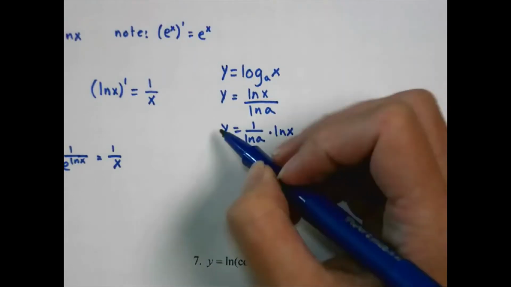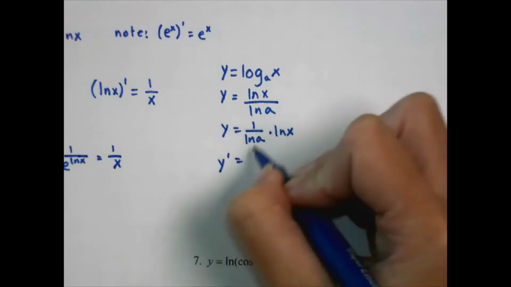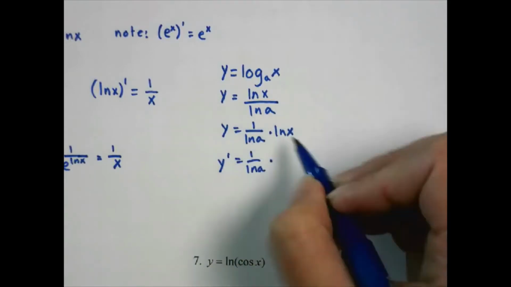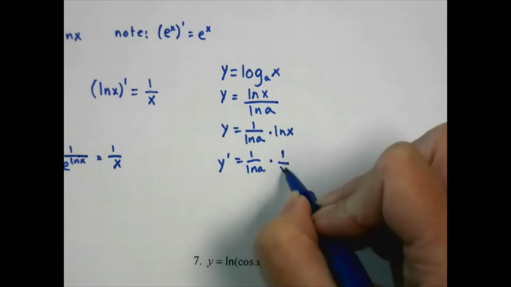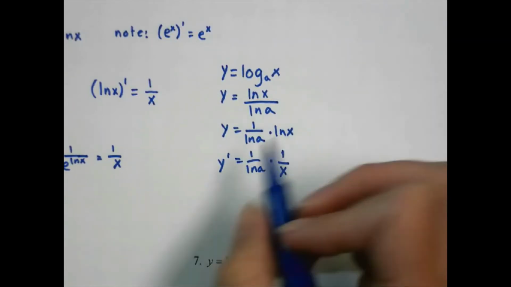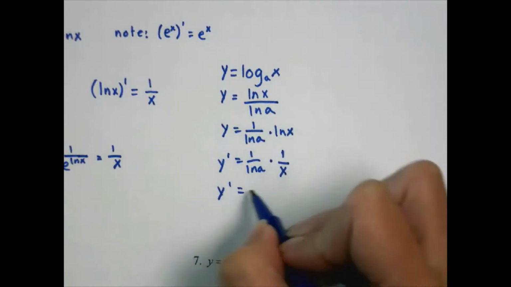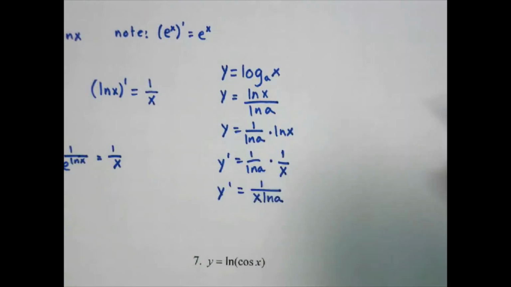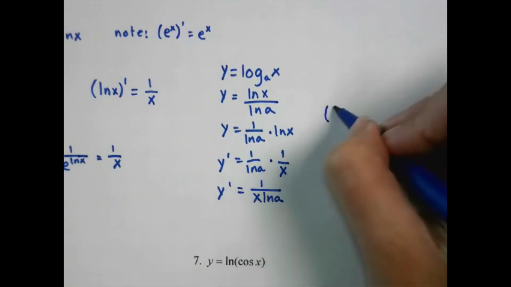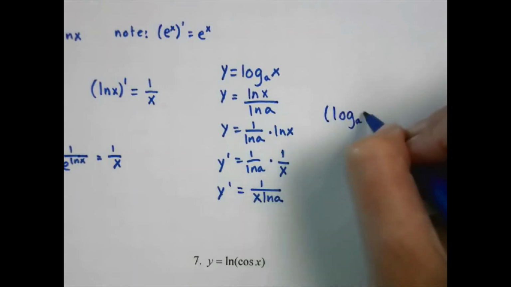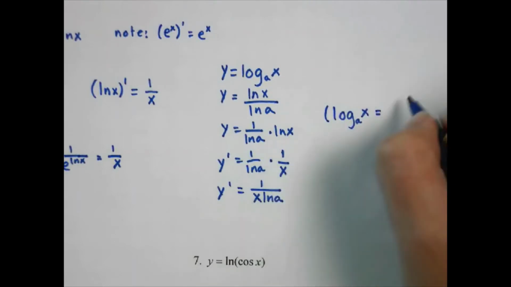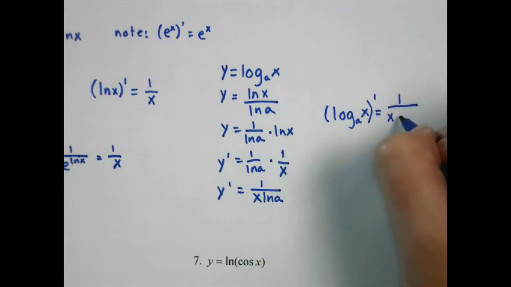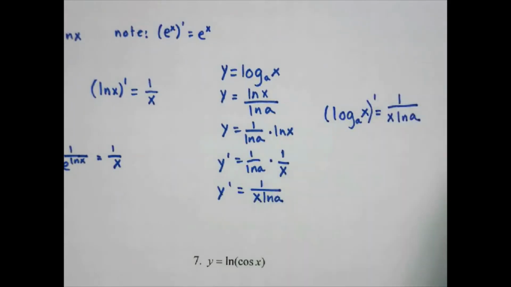So now if I take that derivative, this is going to be 1 over natural log of a times the derivative of natural log of x, which is 1 over x. So this derivative ends up being 1 over x natural log of a. So the derivative of log base a of x equals 1 over x natural log a.